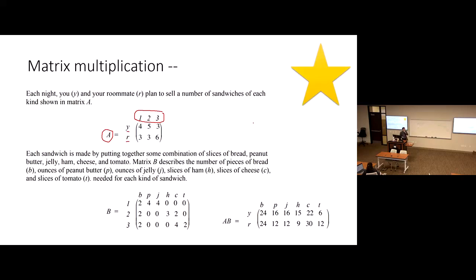In this example, B also has a meaning. B is bread, so you need the bread, and the P is the unit of peanut butter.